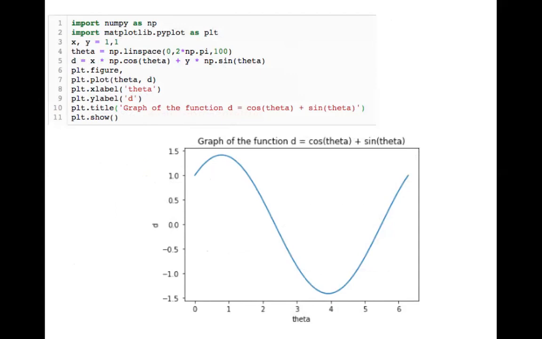So 360 over 100, each line has an angle step of 3.6 degrees, and then I plotted all the lines based on the d and theta pair that characterizes each line.